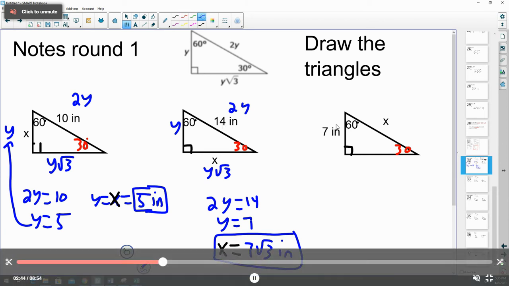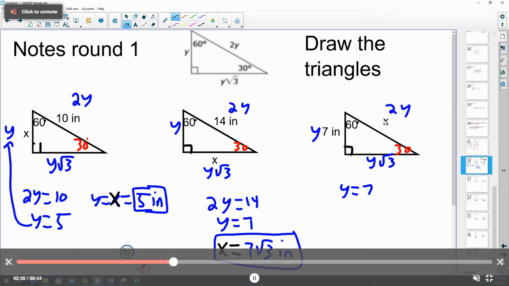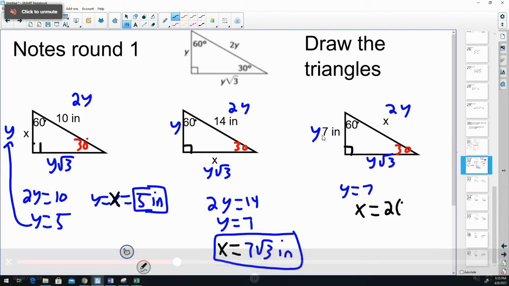And we solve for y by knowing which side we have. So here we know this side. So again, we have y, 2y, y root 3, and oh look, y is 7. So now that means x is going to be 2 times 7, which is going to be 14.